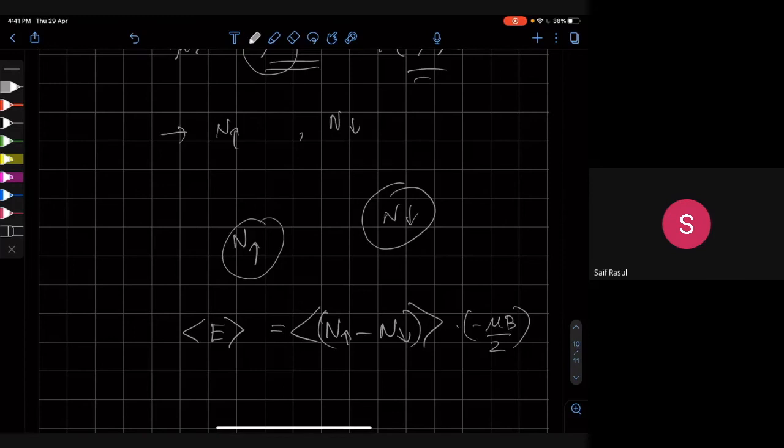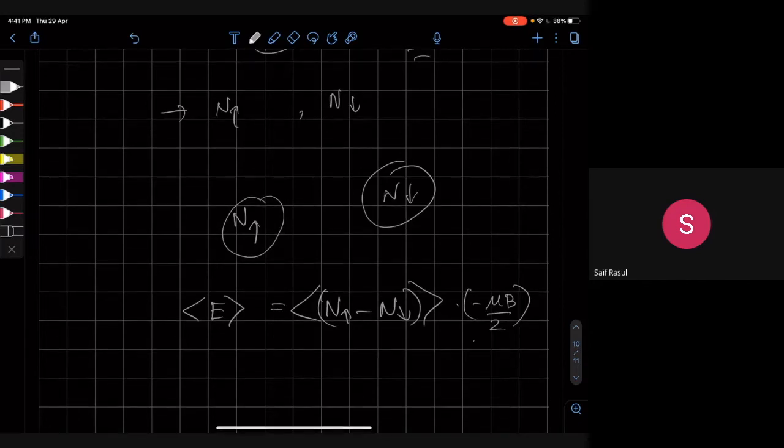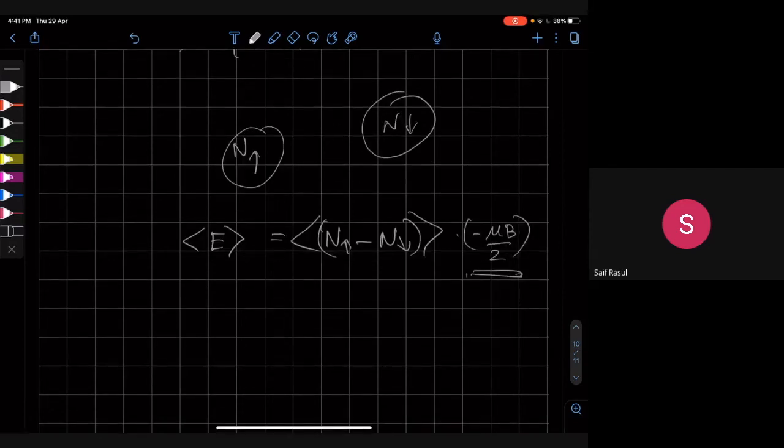Sorry, could you explain this statement with the average energy? Why is it true? Because if you have the spin up and spin down state, the difference in energy is mu b, right?